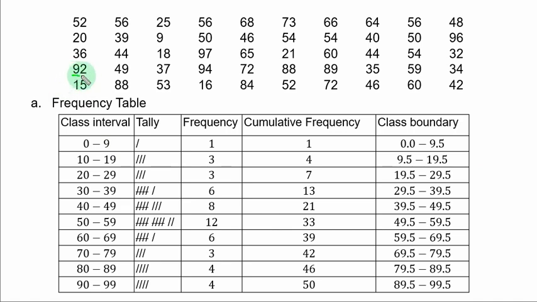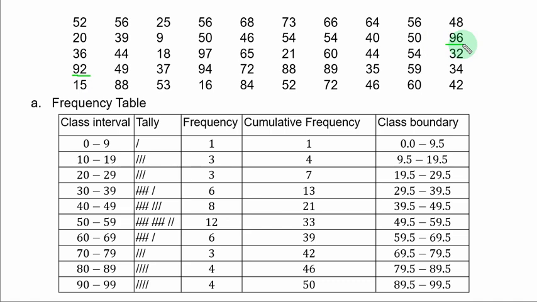That means you continue the class intervals to 90 to 99. There is also 96. So the last data guides you to know how many class intervals to add, because you must ensure that the highest data is accommodated.